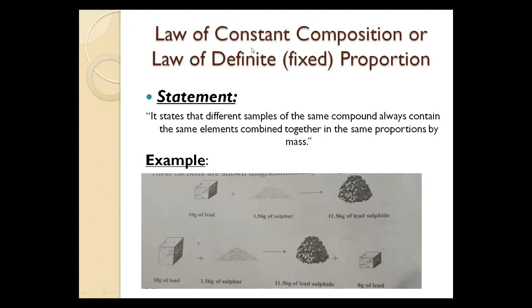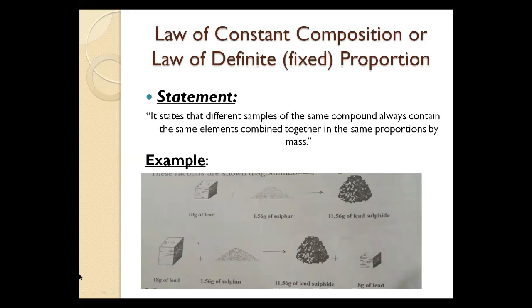Now, another very good example that helps us understand the law of constant composition was given by J.J. Berzelius, a Swedish chemist, 1779 to 1848.